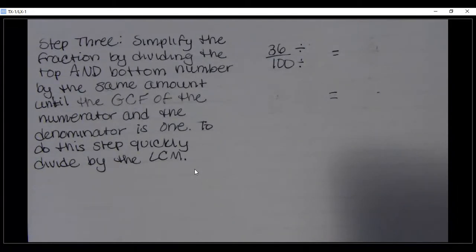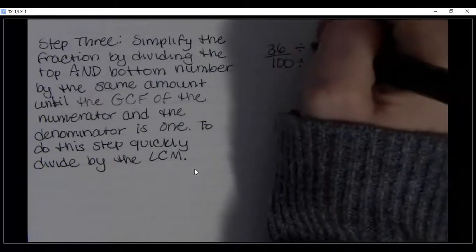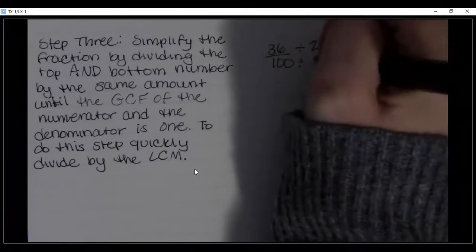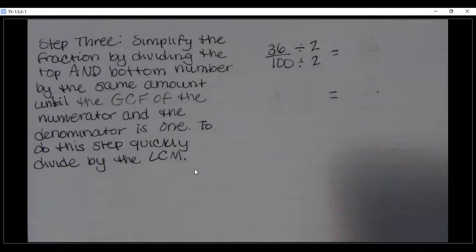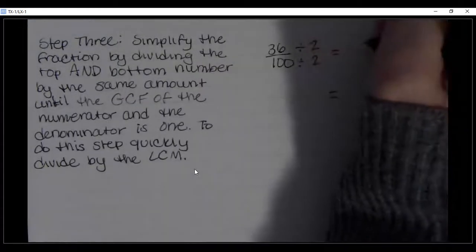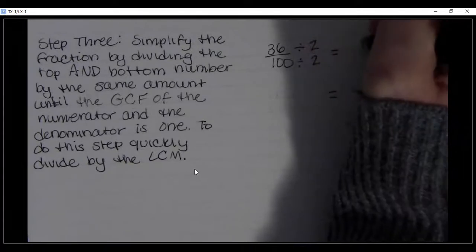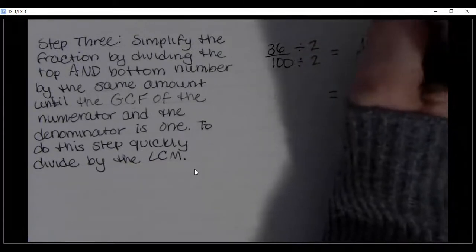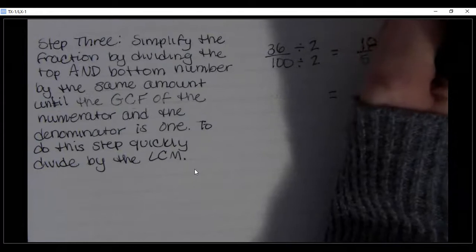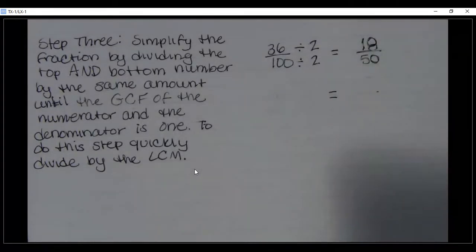If I were looking at this problem, I see that 36 and 100 are both even numbers. So that should tell me that they for sure can be divided by 2. So 36 divided by 2 is 18. And 100 divided by 2 is 50. Okay, so I'm not done though. You can't just divide once and say that you're done.